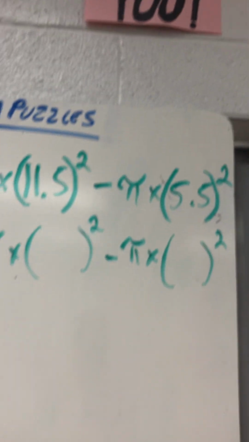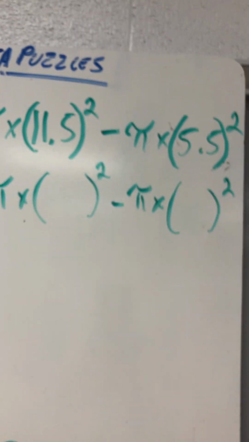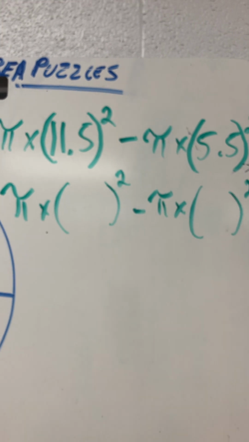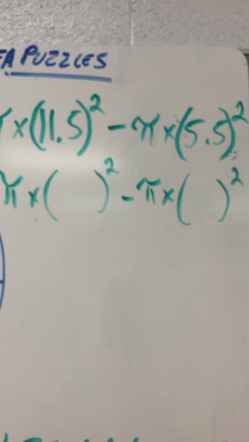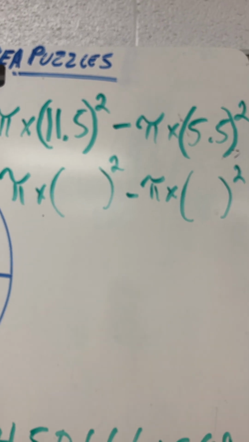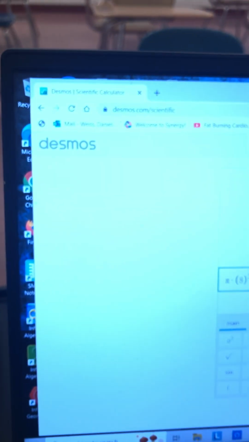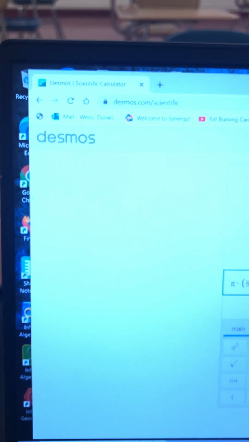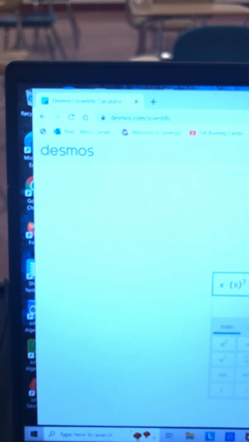Now, what I'm going to recommend that you do is either use your Delta Math assignment, and you can type this right into the calculator. Use the calculator function on Delta Math, or quite frankly, you can use it on the Desmos calculator. If you use desmos.com and click on scientific calculator, you just type in your numbers here.